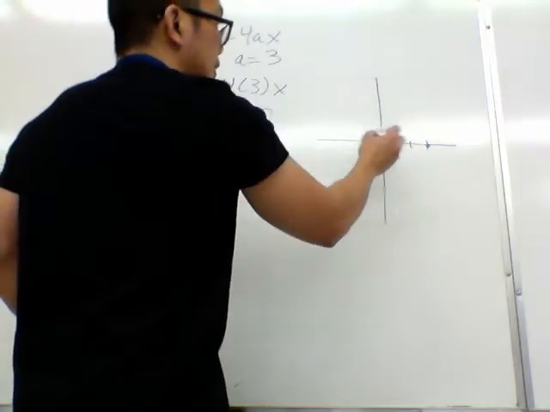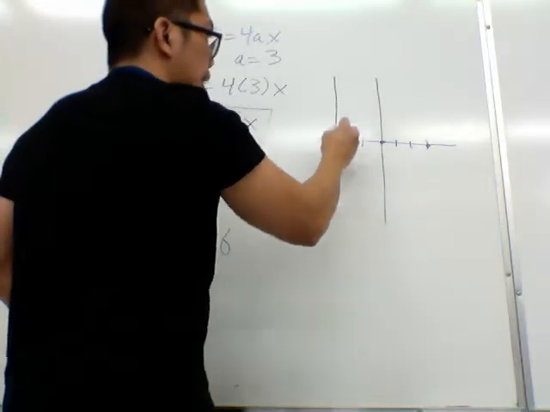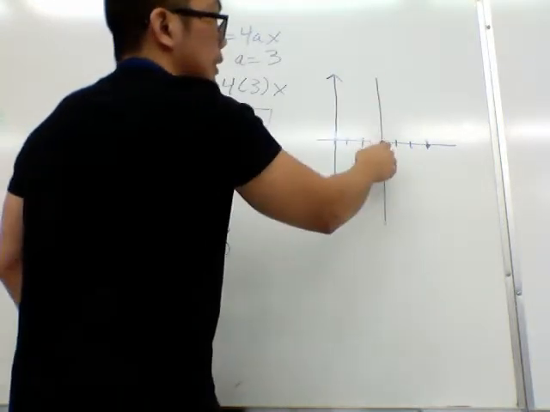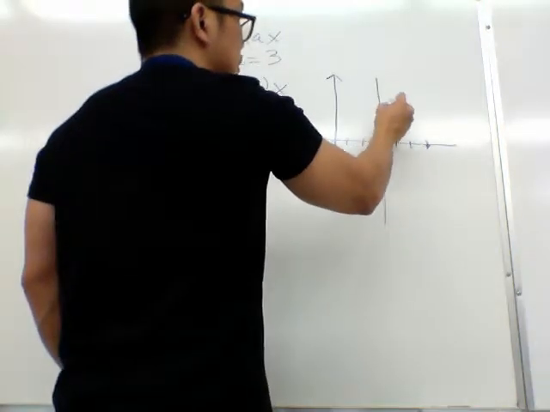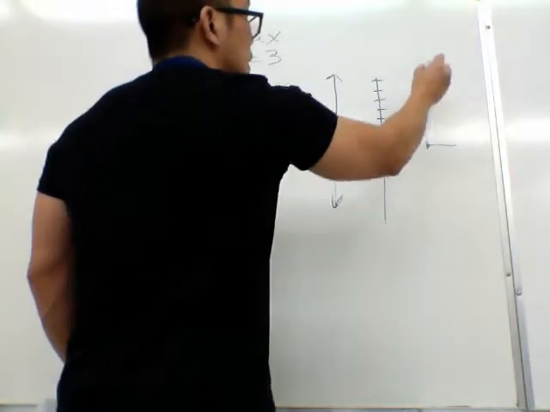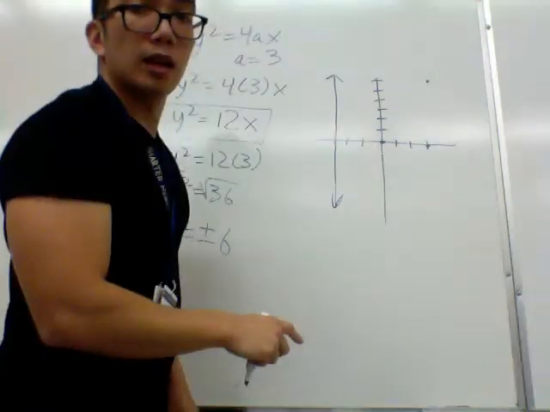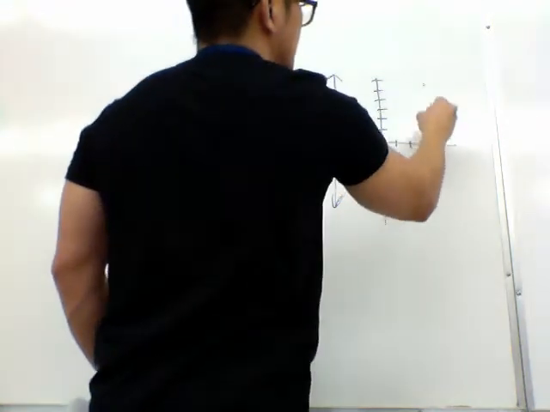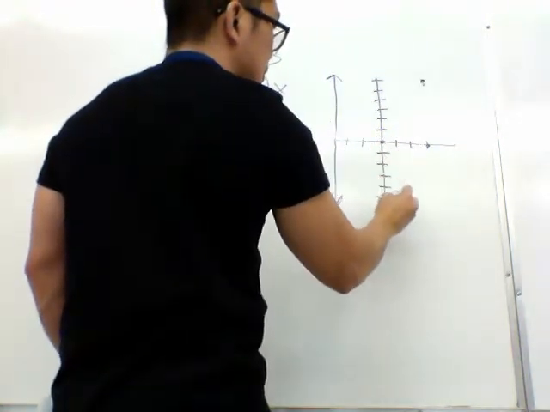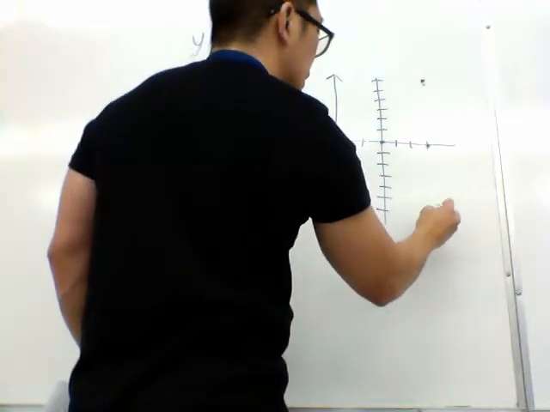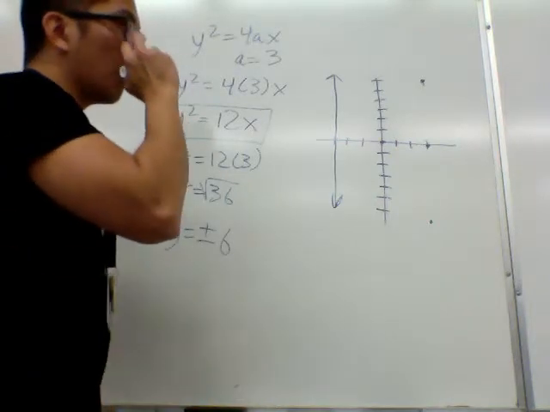So let's complete the graph here. Here's my focus. If I go 3 behind, it's the directrix, because remember, distance to the focus is equal to distance to the directrix. And then I'm going to go 6 up, and that is going to be the point that's directly above the focus, and I am going to go 6 down, 6 directly below my focus.